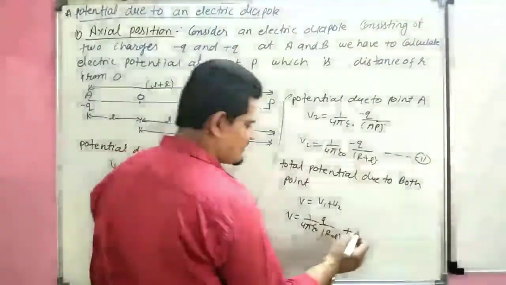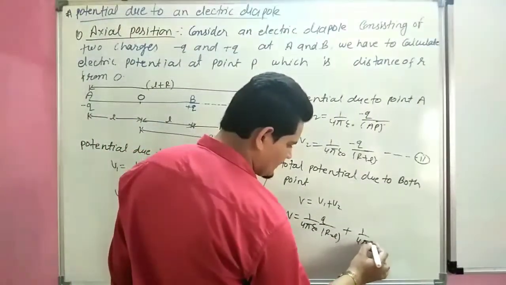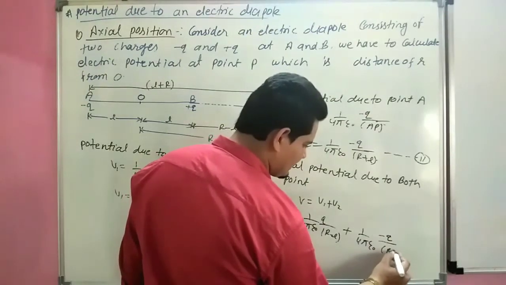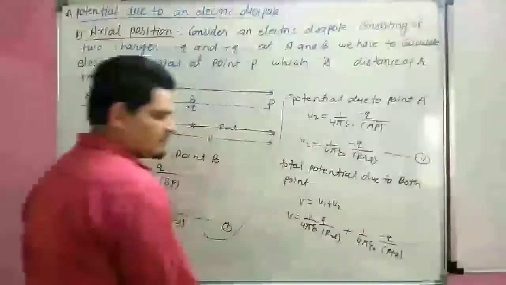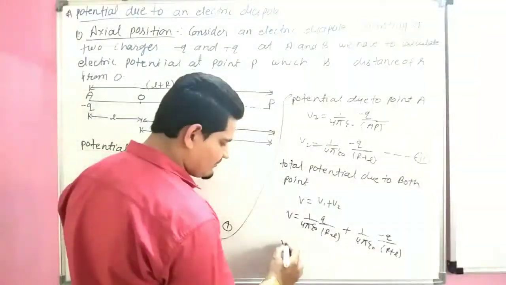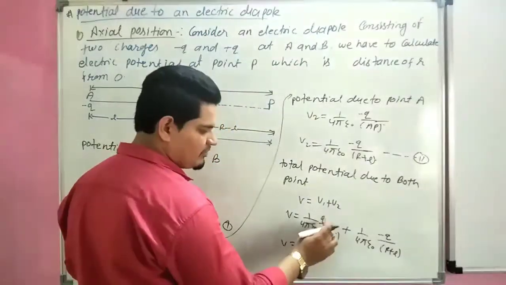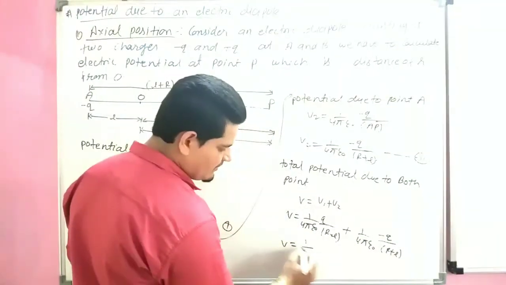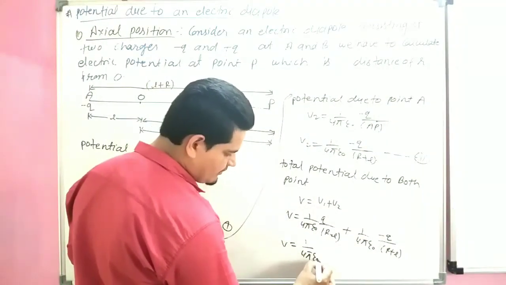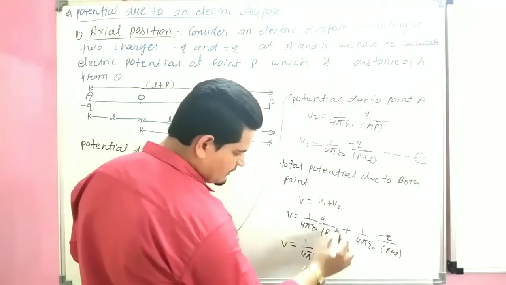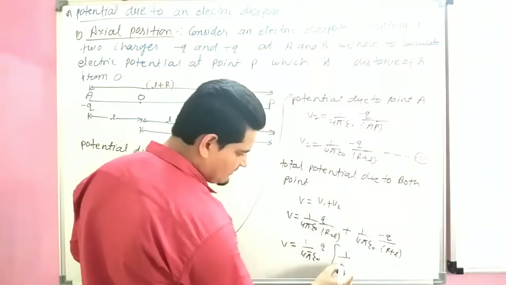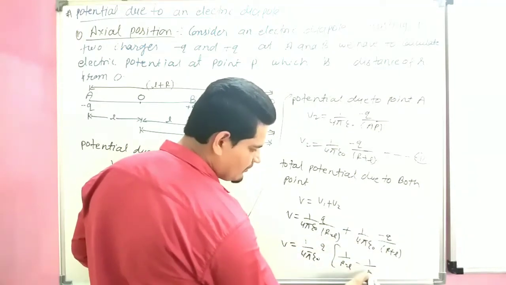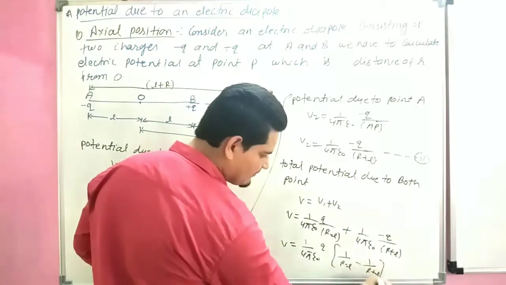V2 is 1 upon 4 pi epsilon naught, minus Q divided by R plus l. We can take common 1 upon 4 pi epsilon naught Q. Now here is 1 upon R minus l, plus minus 1 upon R plus l.